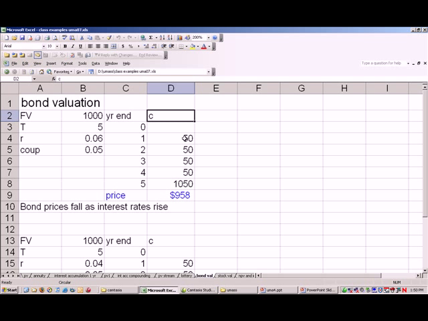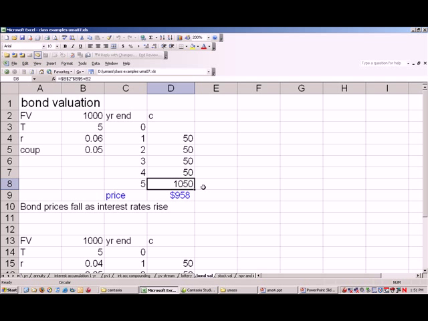And we know that the bondholder gets $50 per year in interest payment for years 1, 2, 3, 4, and 5. And then at the end of year 5, the bondholder also gets the $1,000 return of principal. So somebody who buys the bonds gets to receive this stream of cash flows.